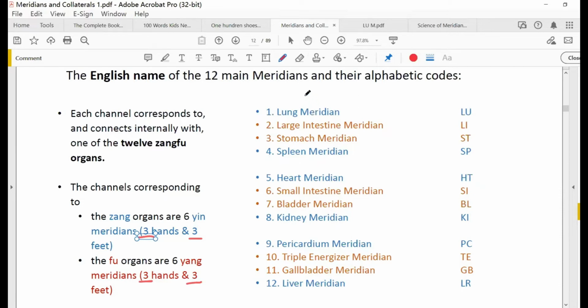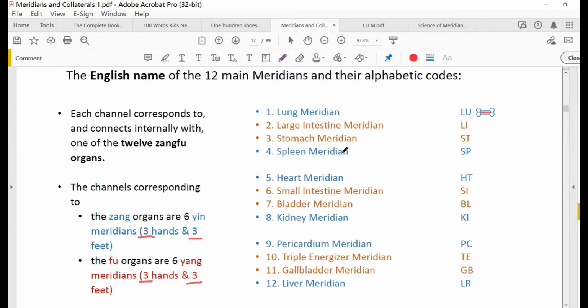Okay, so take a look at this. Lung meridian, and we use this code LU, right?